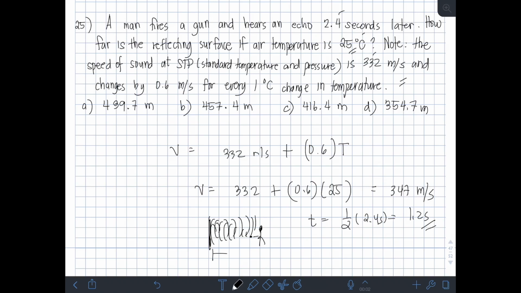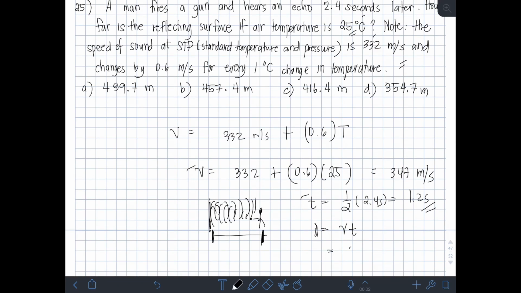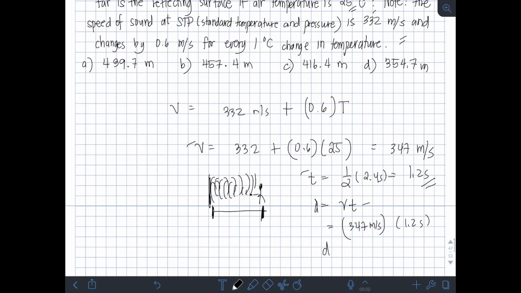Makukuha ngayon natin tong distance using yung formula natin for the distance is equal to velocity times time, considering yung mga info natin doon sa sound, right? So, yung velocity ng sound, substitute natin 347 meter per second and then yung time niya is 1.2 second. So, using calculator, ano yung distance natin?